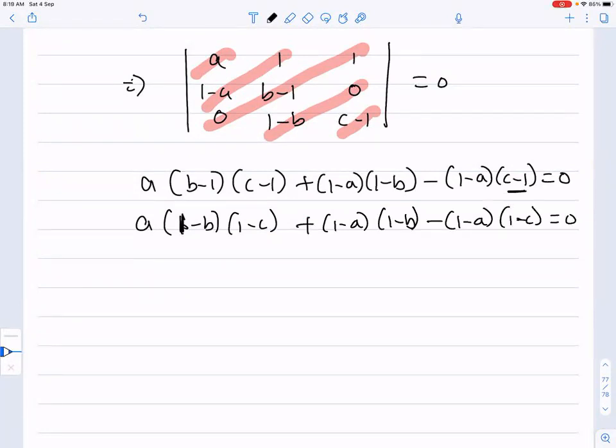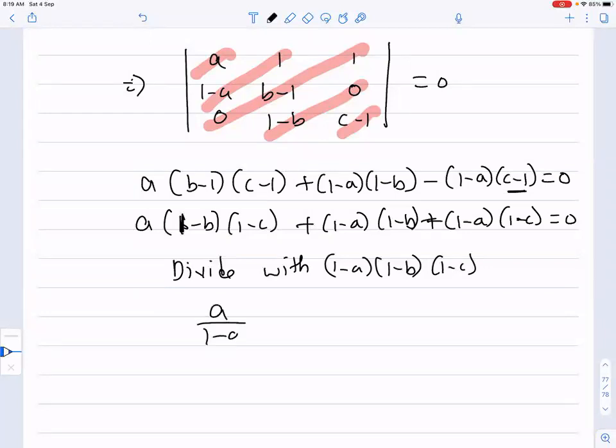Now divide by 1 minus a, 1 minus b, 1 minus c. What will it give? a upon 1 minus a plus 1 upon 1 minus c plus 1 upon 1 minus b equal to 0. Correct, students?